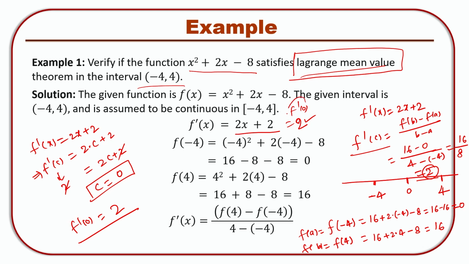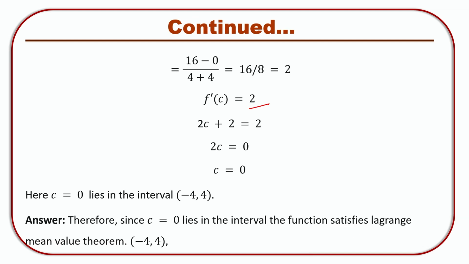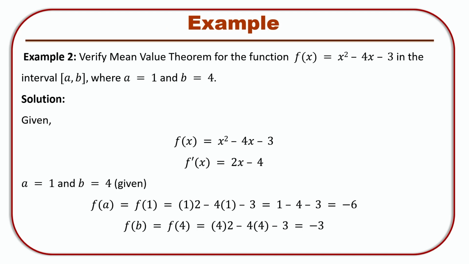So that means we have verified the Lagrange mean value theorem in the interval minus 4 to 4 for the given function x square plus 2x minus 8. Since c equal to 0 lies in the interval, the Lagrange mean value theorem is validated.